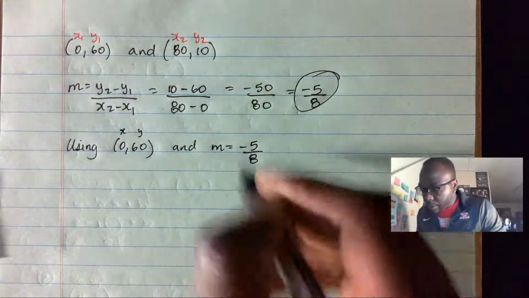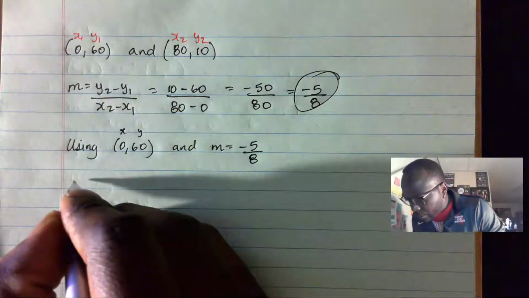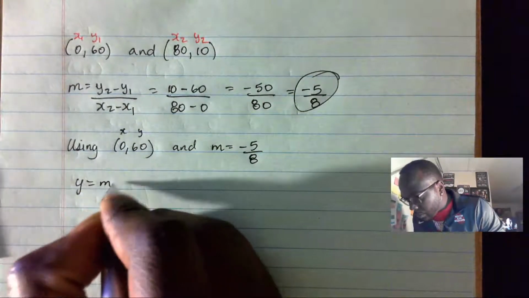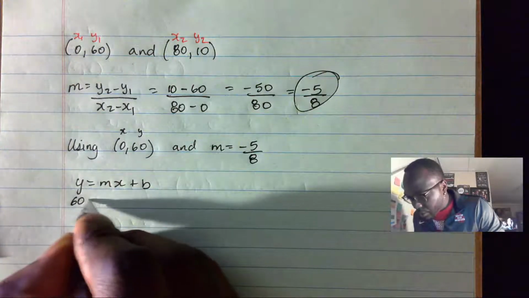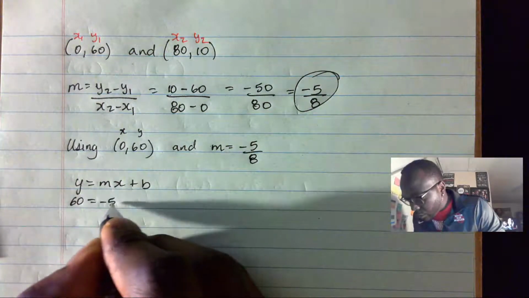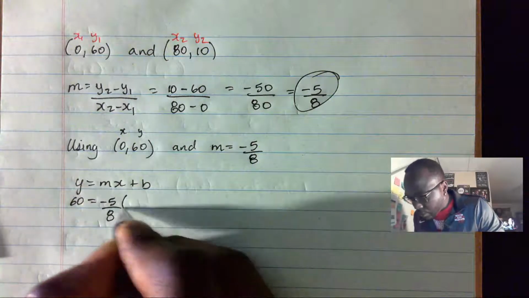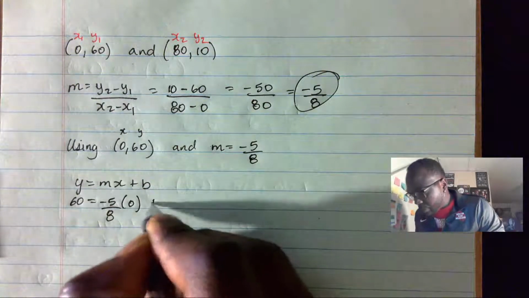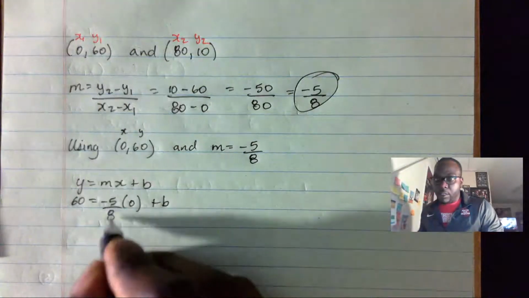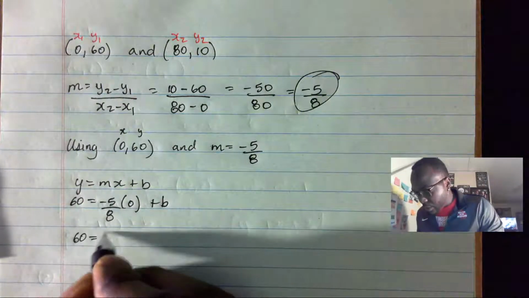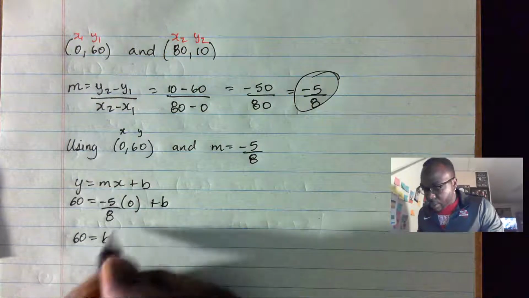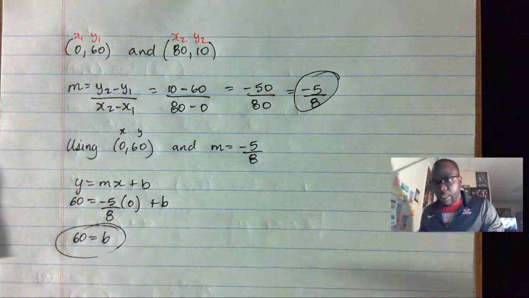Using this, we're going to say that y equals mx plus b, which in this case is 60 equals negative 5 over 8 times x, which is 0, plus b. Any number times 0 becomes 0, so all I have is 60 equals b. And remember, this becomes my y-intercept.